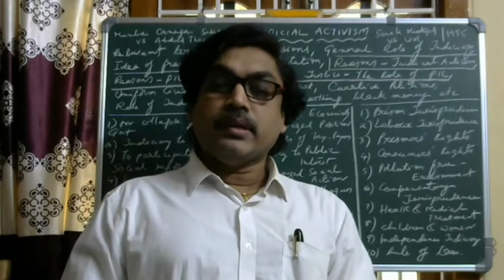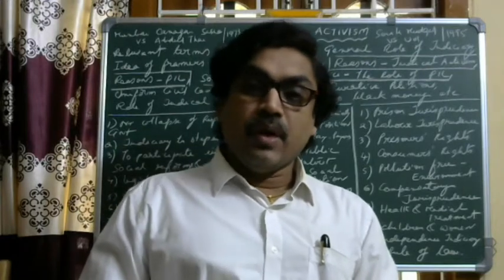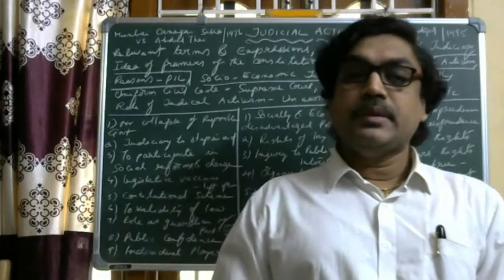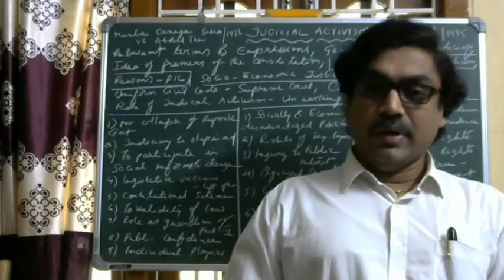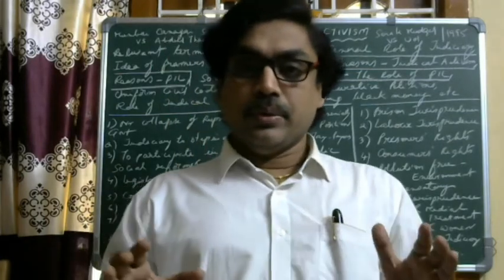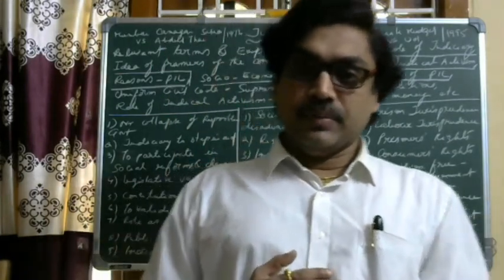And the last one is Ram Jethmalani versus Union of India, and the judgment rendered in the year 2011. These are the relevant case laws related to this chapter, judicial activism in India.